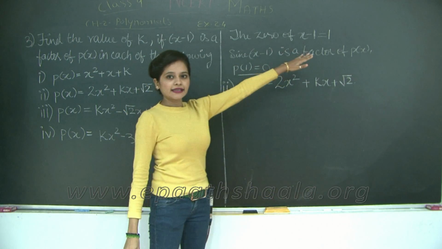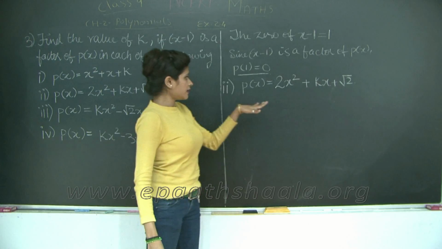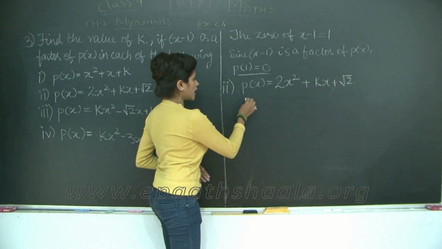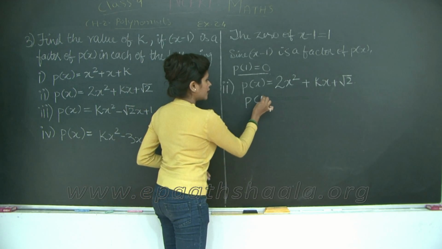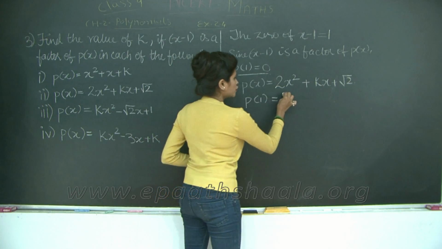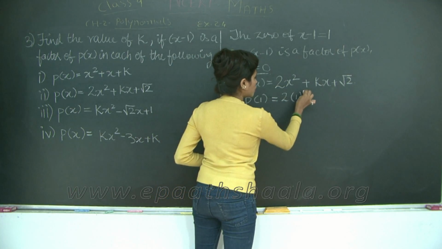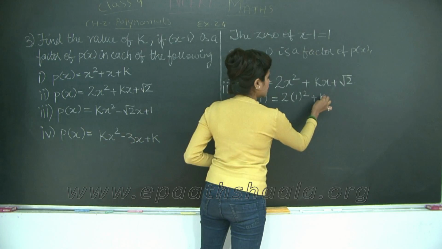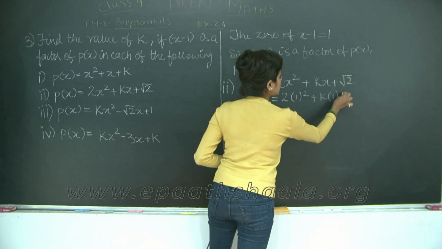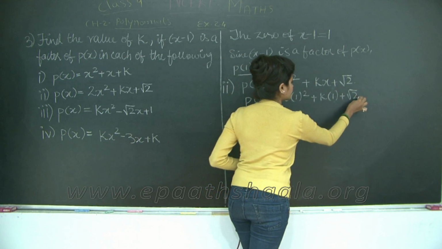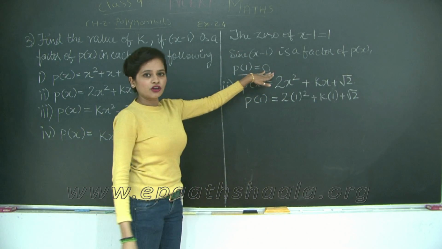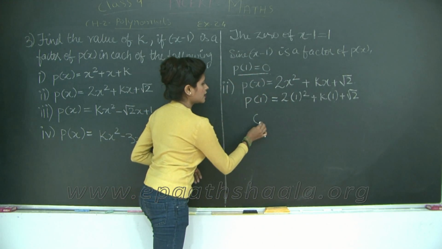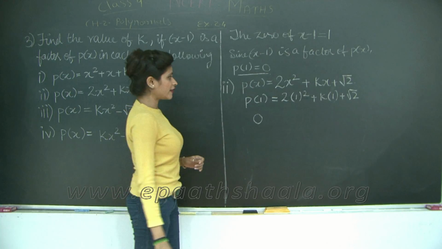I am going to go ahead and substitute x is equal to 1 in this polynomial. So, I get p(1) is equal to 2 into 1 the whole square plus k into 1 plus root 2, right? We have p(1) as 0, so simply go ahead and substitute p(1) is equal to 0.